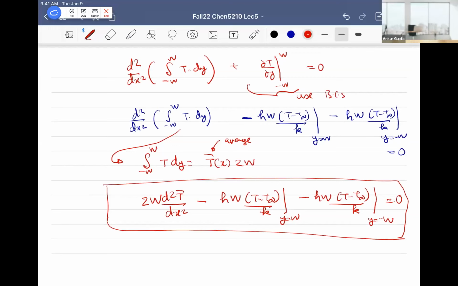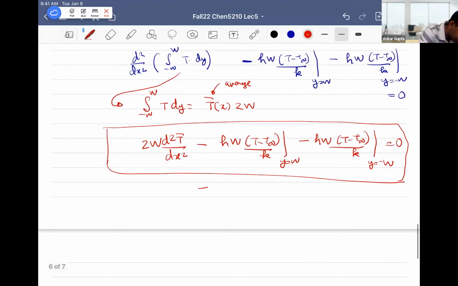So I can say that T at x comma y equals w is actually equal to T bar. This is my approximation. And T at x comma minus w is also equal to T bar. So this is the whole point.